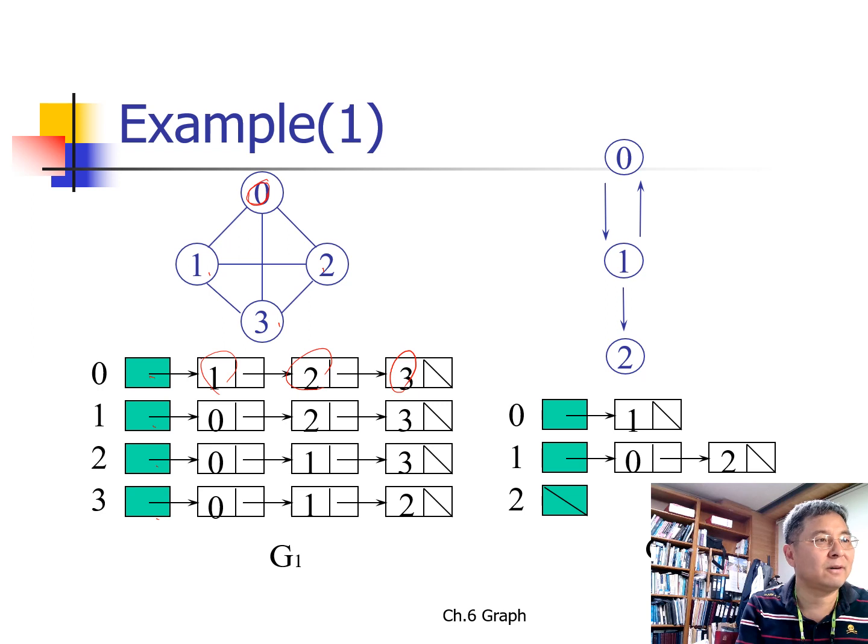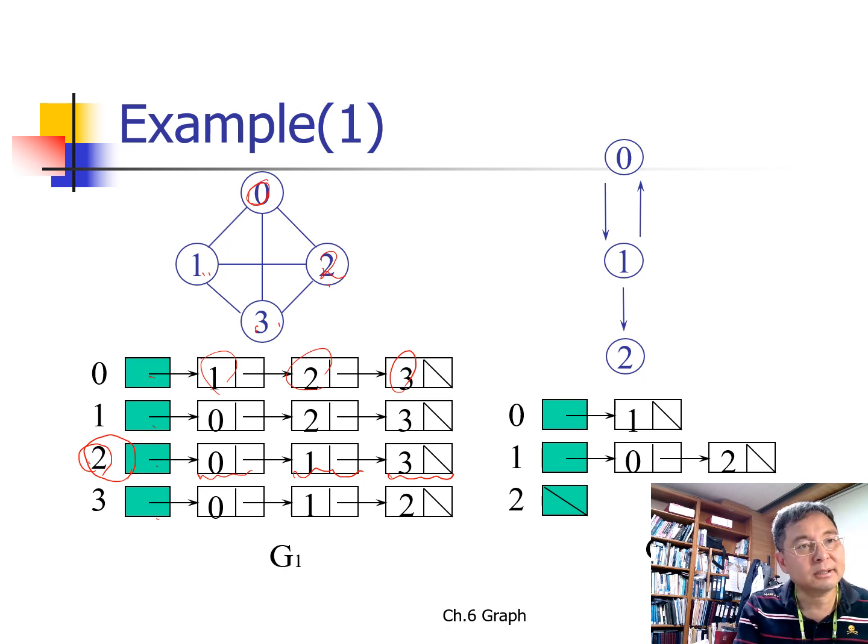Okay, and how about for 2? Vertex 2 has 3 adjacent vertices. So in the linked list, there are 3 nodes linked by vertex 2. Okay, in this way, you can represent every graph using an adjacency linked list.